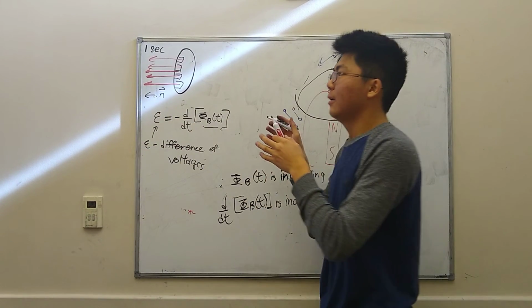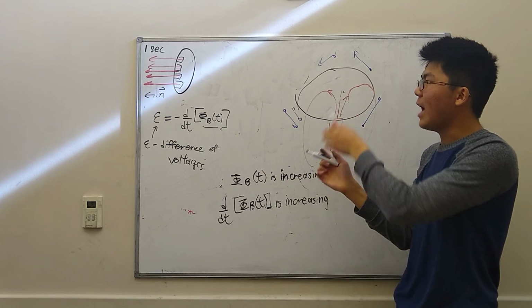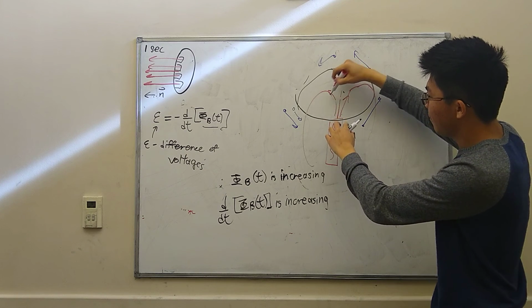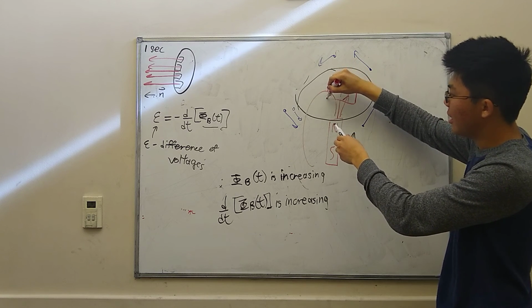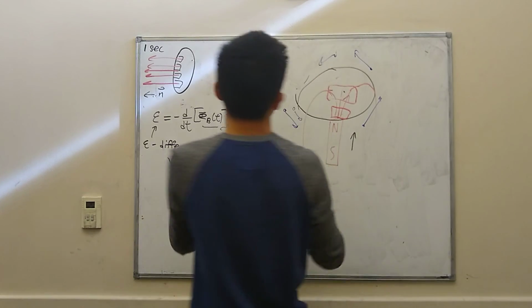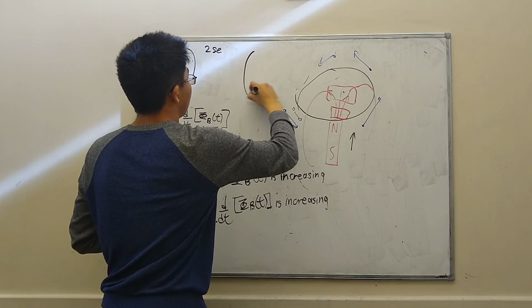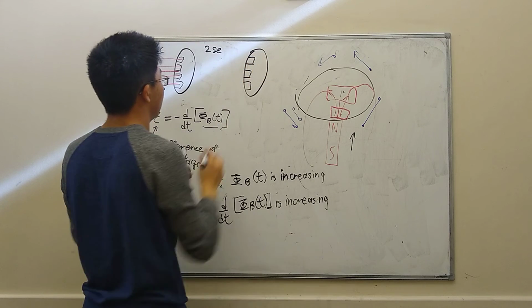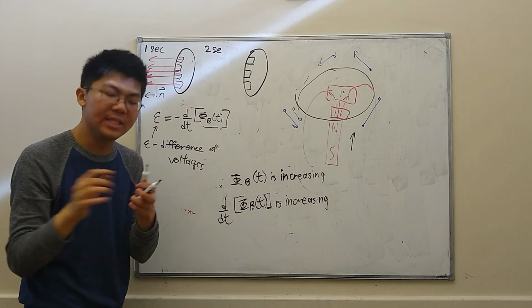Now, we have a very strong rate of flow in the beginning. As we start to pull the magnet out, the field lines are going to get less and less dense. Notice how, in this case, the field lines are positioned farther away in this area of the magnet compared to this area. So, in the 2 second example, the number of field lines passing through this disk will decrease.